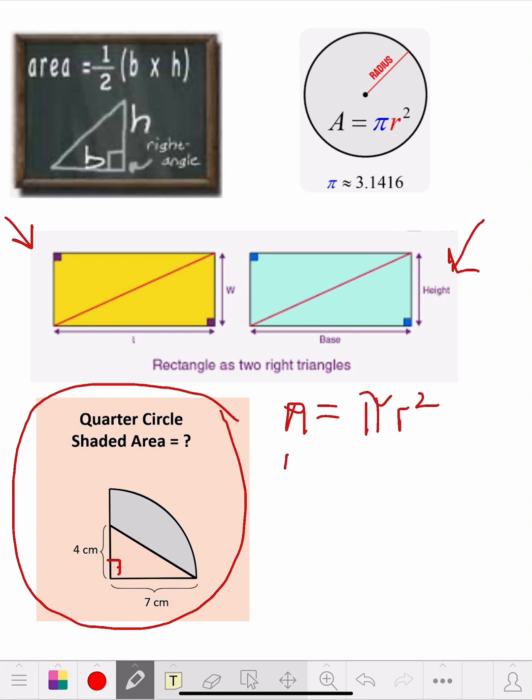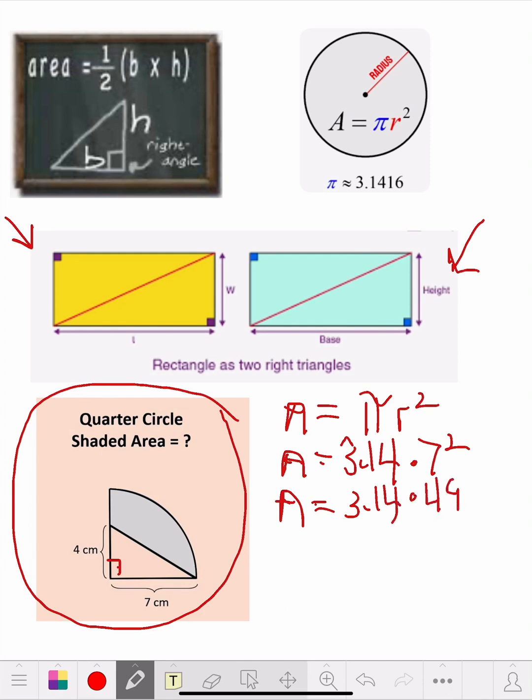Area equals 3.14, they're telling us that, times 7 squared. So area equals 3.14 times 49.